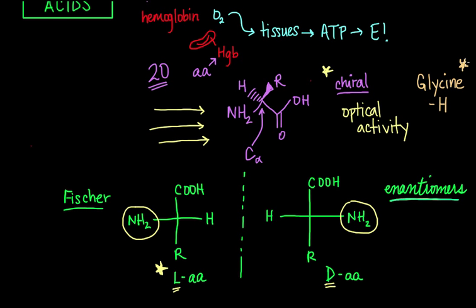And the one exception to this rule is the amino acid glycine, which just has the simplest side chain of a hydrogen atom, and therefore it is not a chiral molecule. And then we also learned about the Fisher projections for amino acids and the fact that the L configuration of an amino acid is the only one that you find within the human body. And there you have it.